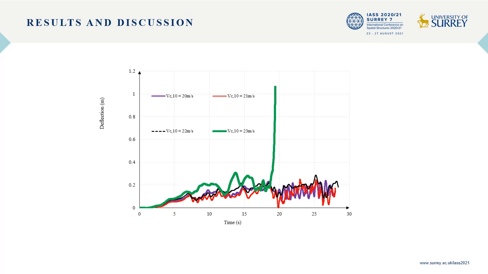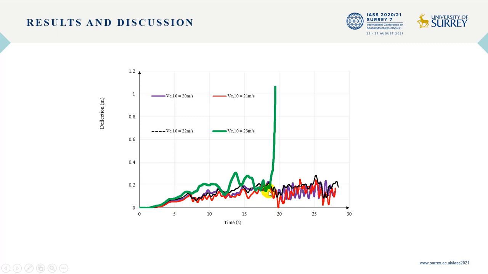Then, wind speed at the reference point was increased incrementally up to 23 meters per second. In that case, the deflection of the top point of the tower abruptly grew to a large value at the time about 12 seconds from wind loading application on the transmission line.